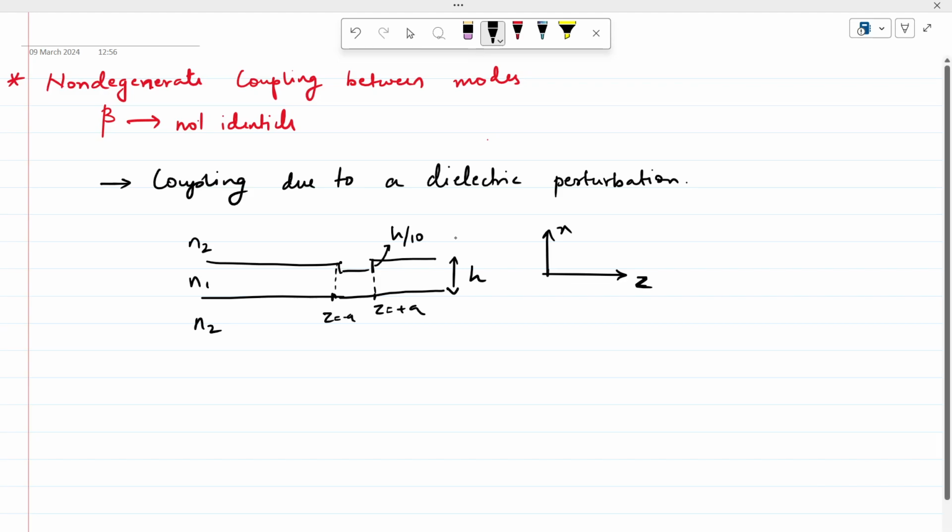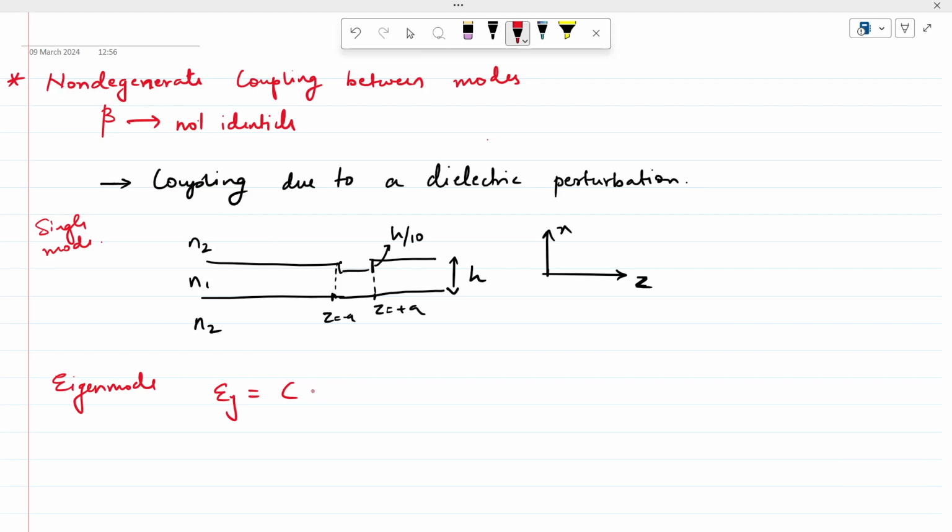Okay, so like we saw earlier, we should first write down all the mode solutions for the single mode case. Since this is a symmetric waveguide, we already know how the modes look, and they have also told us that this is a single mode. So the eigenmode will look like Ey equal to C, first in this region, e to the power minus, so that will be a radiating mode, x minus h by 2.